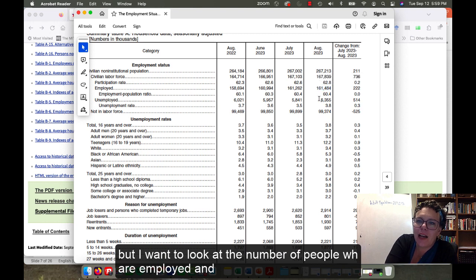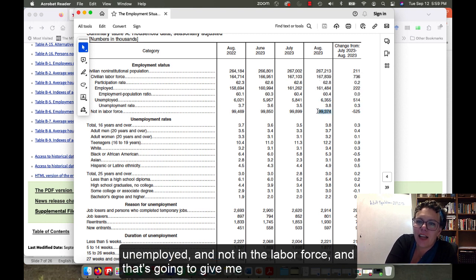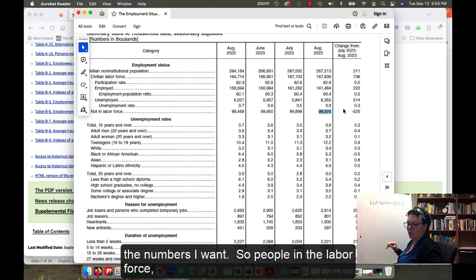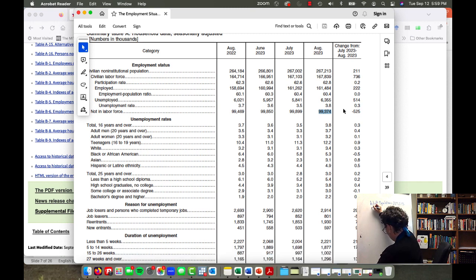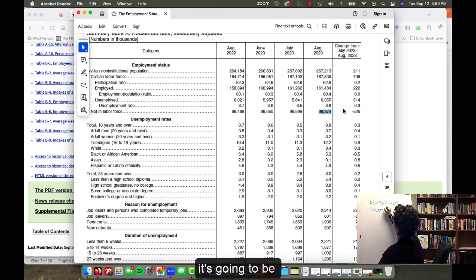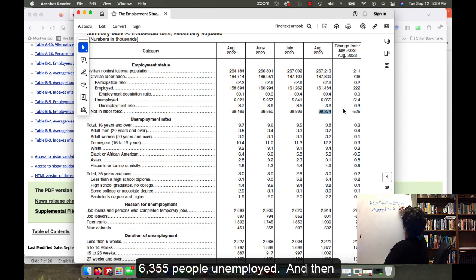We have the labor force participation rate, but I want to look at the number of people who are employed and unemployed and not in the labor force. And that's going to give me the numbers I want. So people in the labor force, let's do this. Number of people employed, unemployed is going to be 6,355.